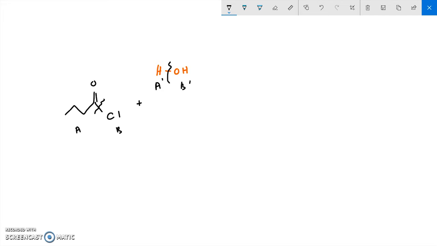So what's going to happen next is we switch the partners. Remember, it must be a combination of A with B prime. Therefore, the A will combine with the B prime, while the A prime will combine with the B. So we can proceed with the product.